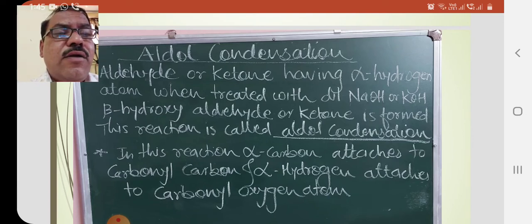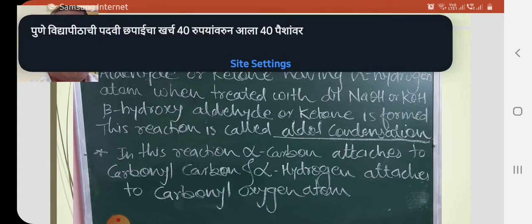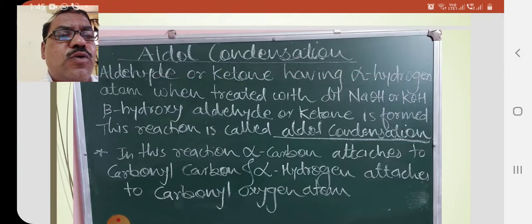So in aldol condensation, the compound formed contains two functional groups, that is the aldehydic or ketonic group and the hydroxy group, that is the alcoholic group.